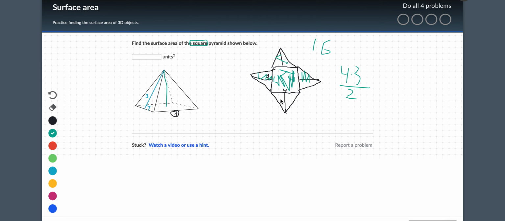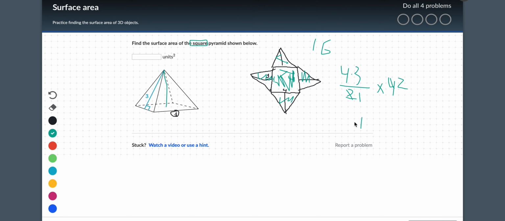So what we're gonna do is multiply, or I'm getting a little ahead of myself right here. We're gonna multiply this whole thing by 4. So this turns into 1, and this turns into 2.